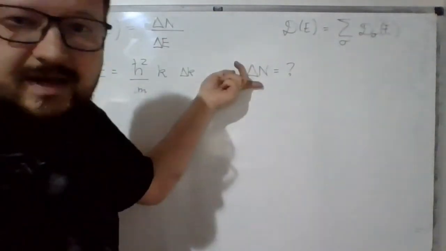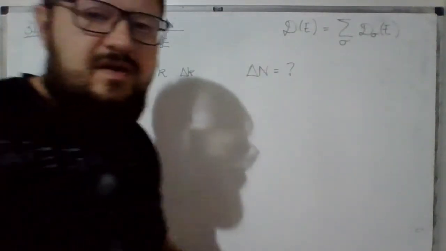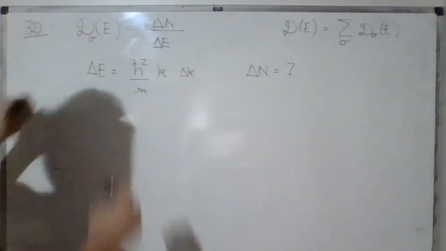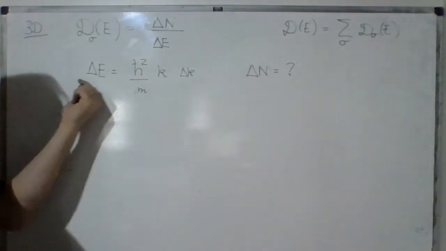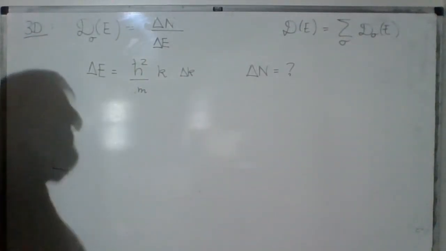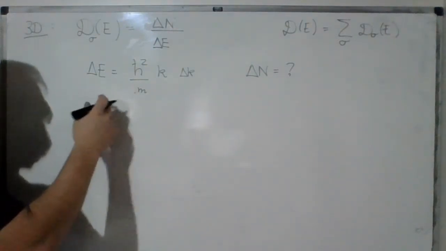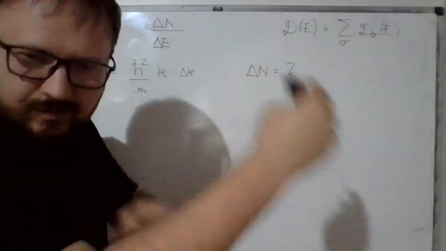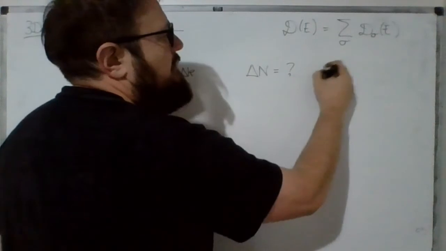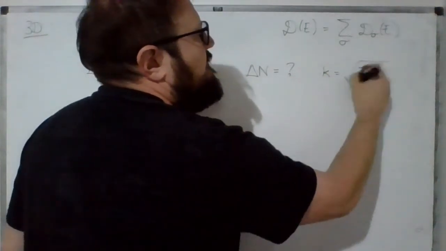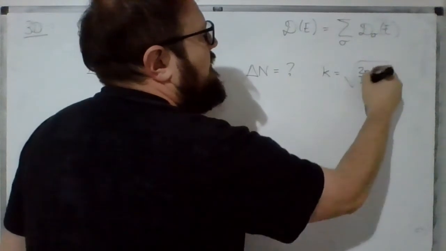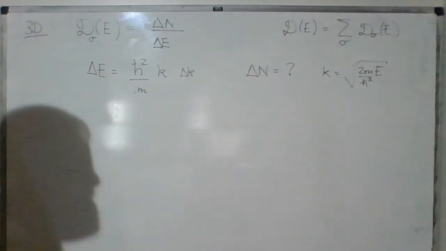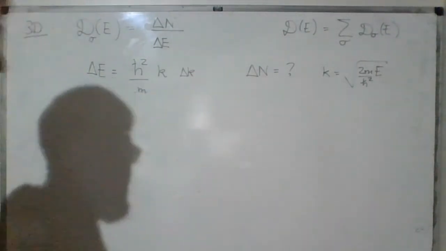We need to calculate the possible allowed states for a given value of, or around the given value of, k. The energies are indexed by k. So we are trying to replace the density of states, the energies, by its representation over k, and then we come back to energy. Remember, k is the square root of 2 times the mass over h bar squared, times the energy. All right, so remember that fact.